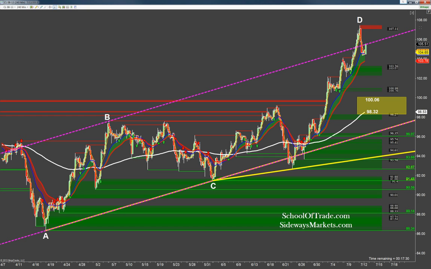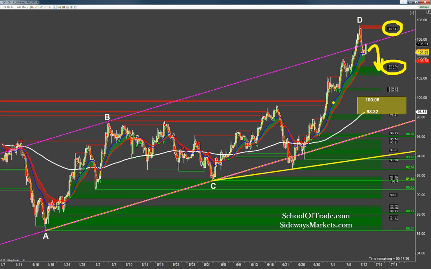Now we can see, again, a lot of the same stuff. Bull channel, symmetry pattern. Bullish channel, symmetry pattern, same stuff. Not a lot's changed. But now we can see if we're going higher, our target is 107.11. If we collapse here today, our target is 103.26.